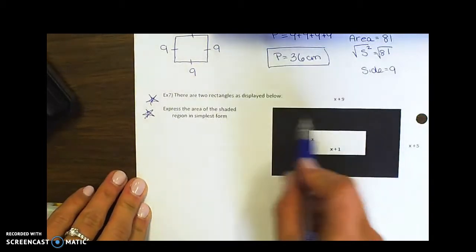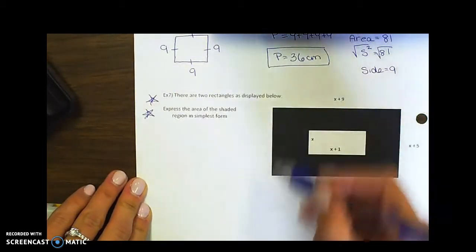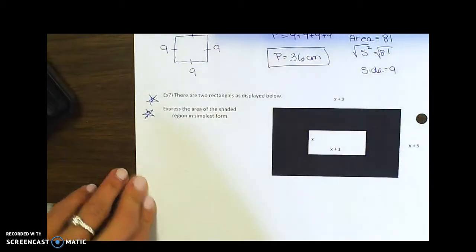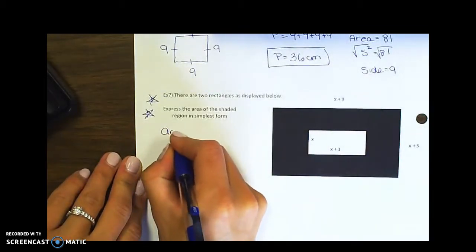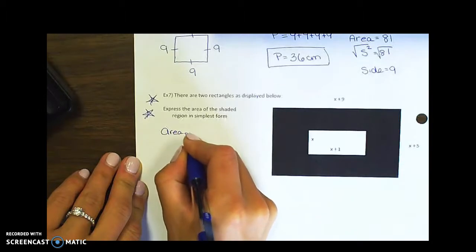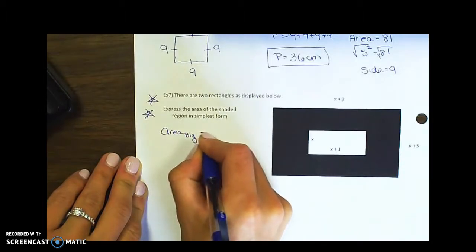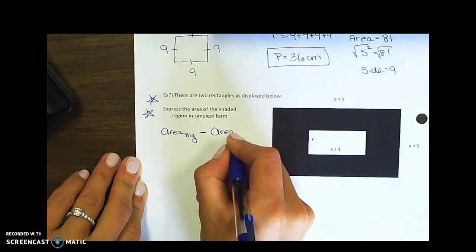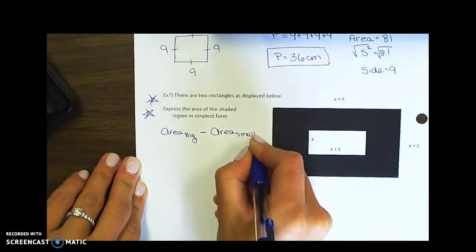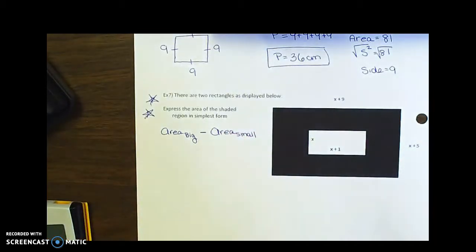So to find the area of just this shaded area without that middle rectangle, we need to find the area of the big, and we're going to subtract the area of the small. And that's going to be equal to the area of the shaded region.